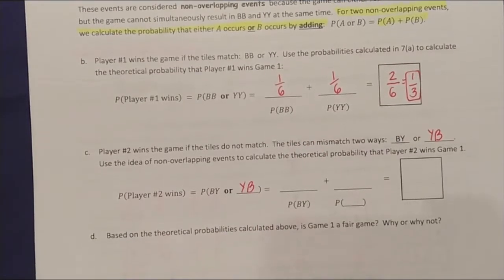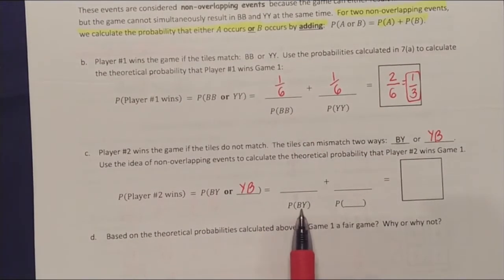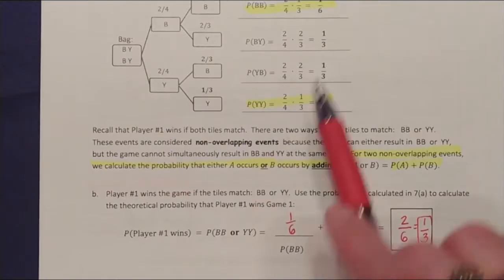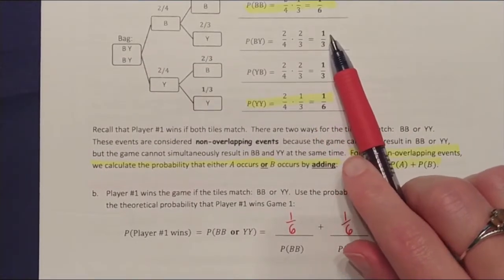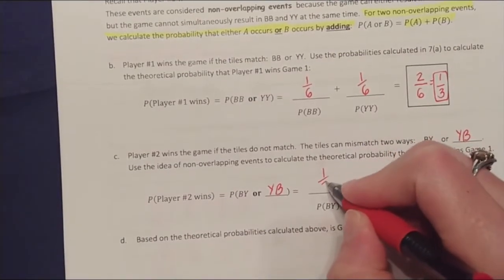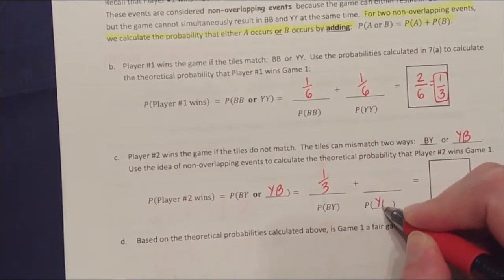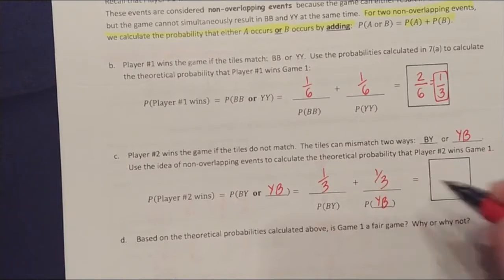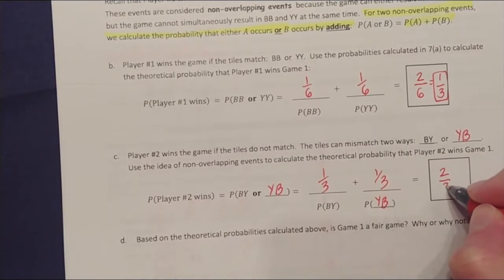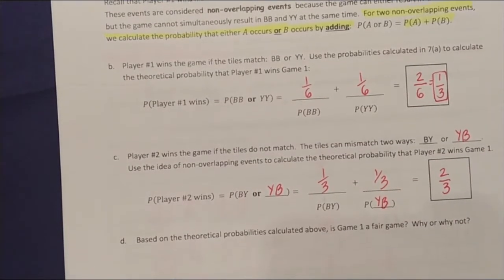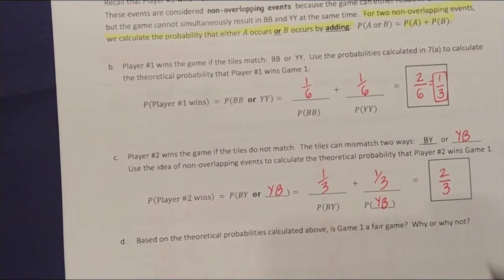Now, what is the probability of us getting the blue, yellow? So if we look back here, that was 1/3. And the probability of getting yellow, blue was also 1/3. So this is now 1/3. And this is 1/3. Now, if we add them together, we get 2/3, which cannot be simplified. So that's our answer.